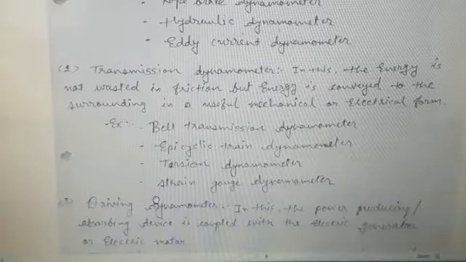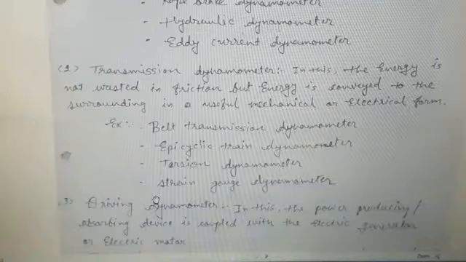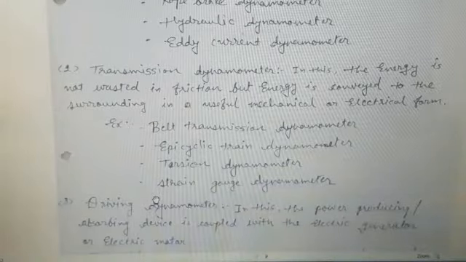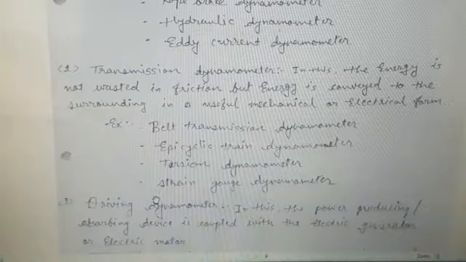So energy is totally transmitted, not absorbed. Energy is not wasted in friction, but is conveyed to the surrounding in a useful mechanical or electrical form. This type of dynamometer is known as transmission dynamometer.